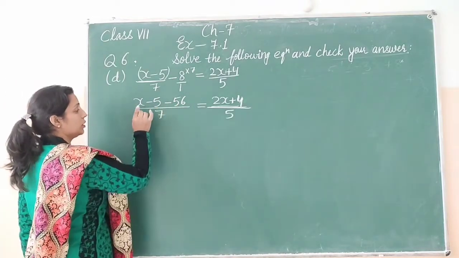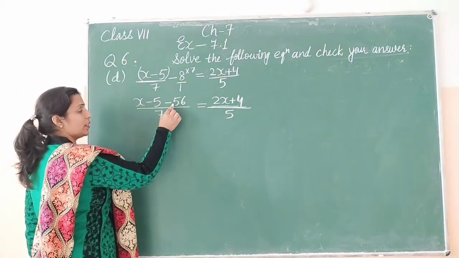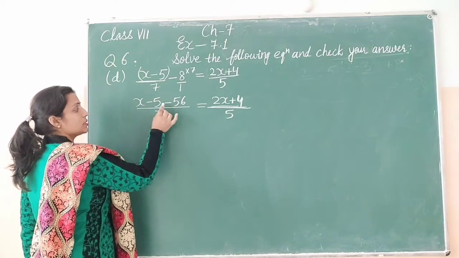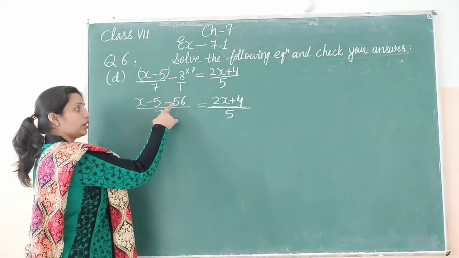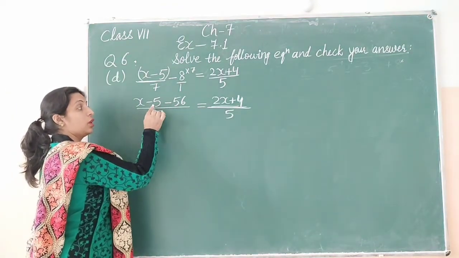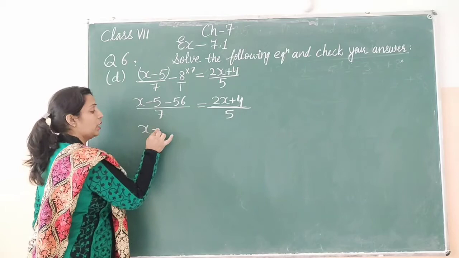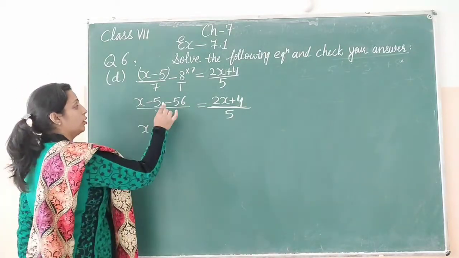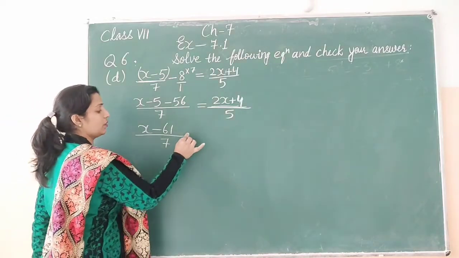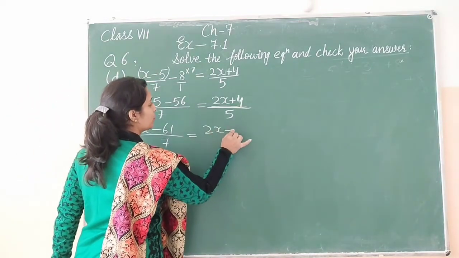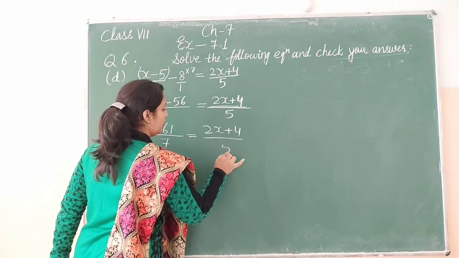Now we will solve it. x minus 5 minus 56. You can see both are constants having same sign. So these will be added and sign will be same. It will be negative 61 by 7 equal to (2x plus 4) by 5.